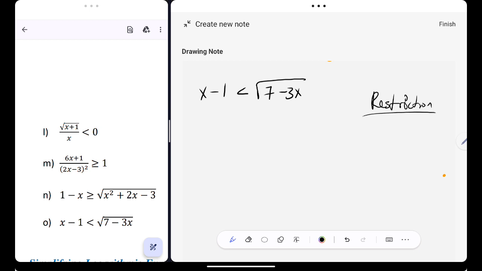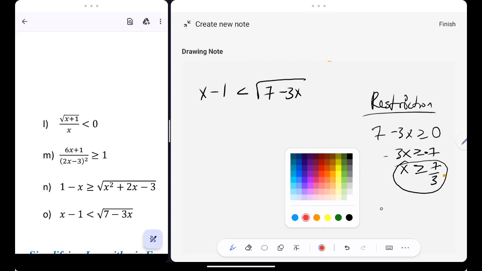My restriction: everything that is under a square root, for it to be real, must be greater than or equal to 0. Right, together. Then negative 3x is greater than or equal to negative 7. Now when it goes to the other side, that means x must be less than or equal to 7 over 3. Right, together. 7 over 3. So this is just my restriction, which I will use later on.